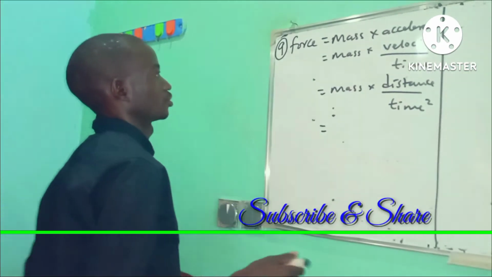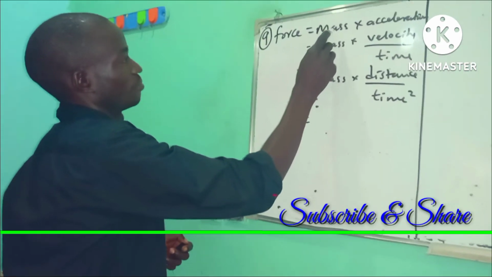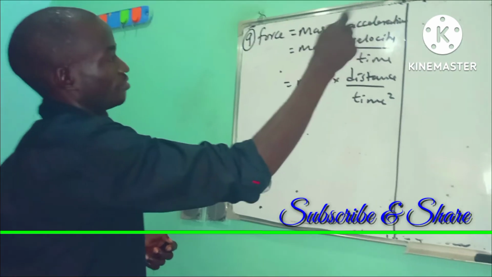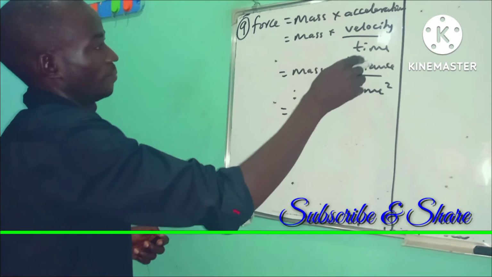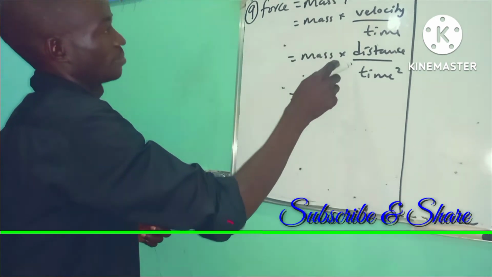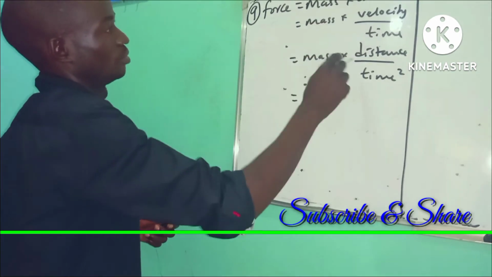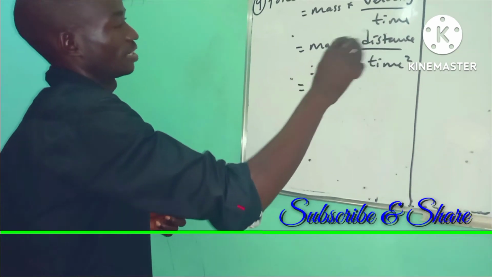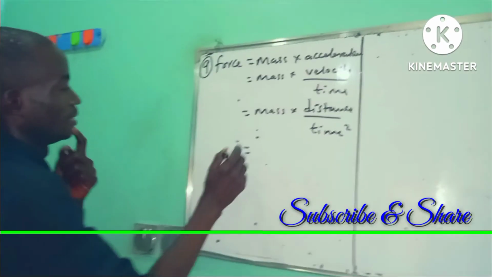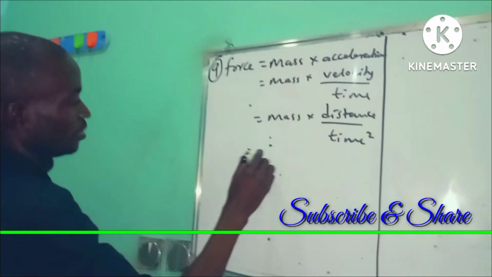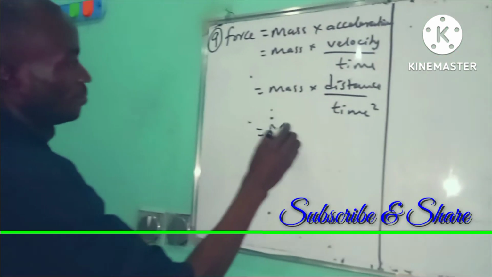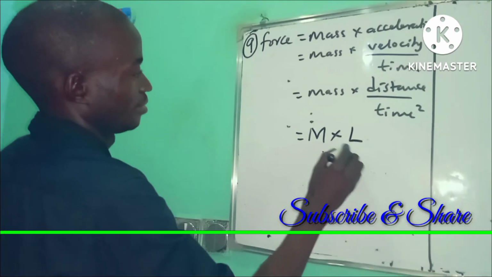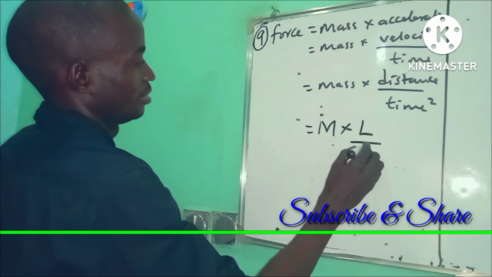Example 9, force can be expressed in terms of mass times acceleration. And acceleration can further be broken down to velocity over time, and velocity can also be broken down to distance over time. By the time you apply the mathematics, you have distance over time squared. So this can be written in terms of capital letter M times distance in terms of length, which is capital letter L over T squared.